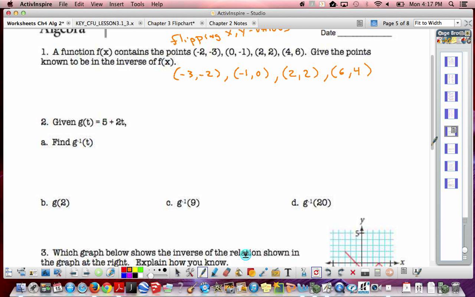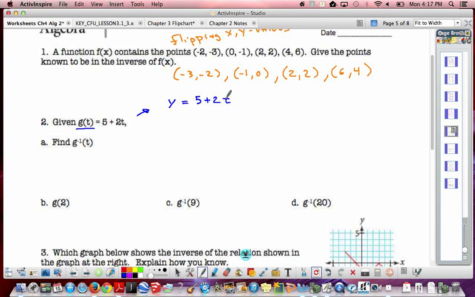Number 2, given the function g of t equals 5 plus 2t. So when we want to find the inverse of this, how we do it algebraically is first, we replace the g of t with y. It's easier for students to have it in terms of x and y.